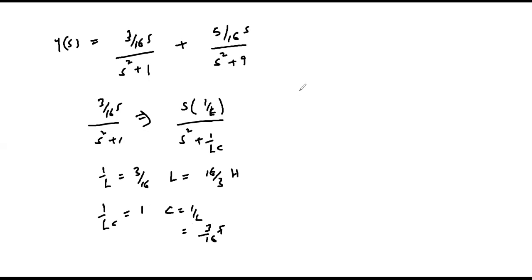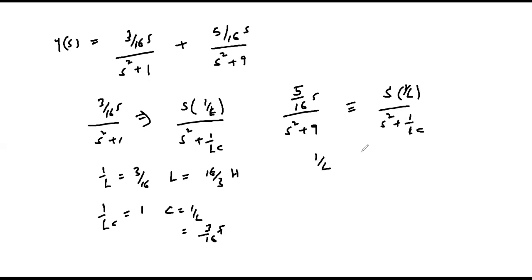Next, we compare 5 over 16S over S squared plus 9 to S, 1 over L, and then S squared plus 1 over LC, from which you can say 1 over L is equal to 5 over 16, the numerator parts, and L will be 16 over 5 Henry.